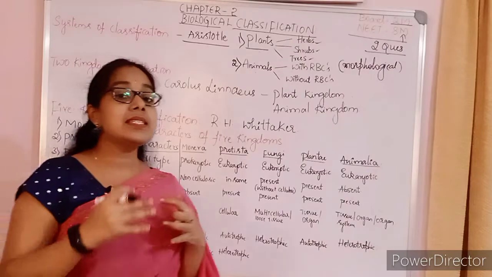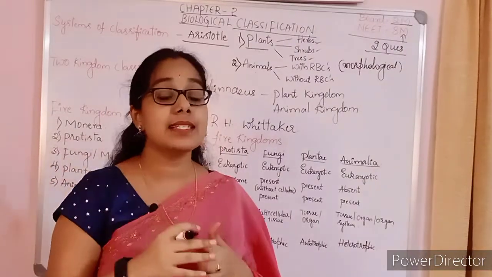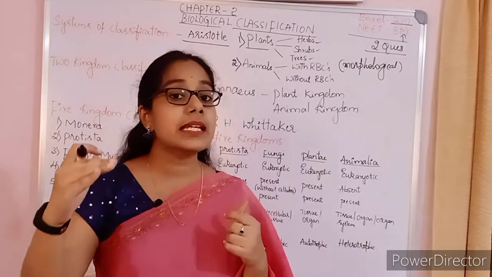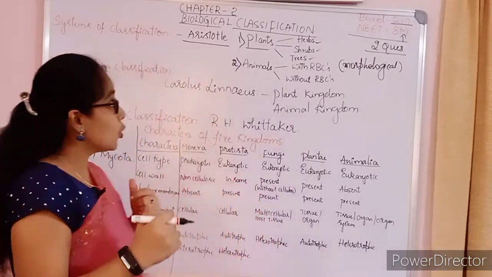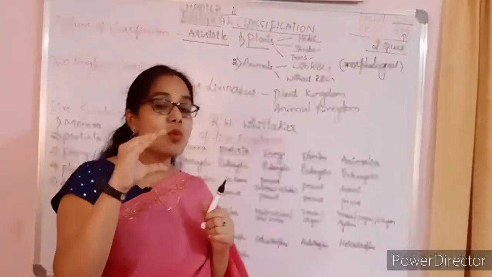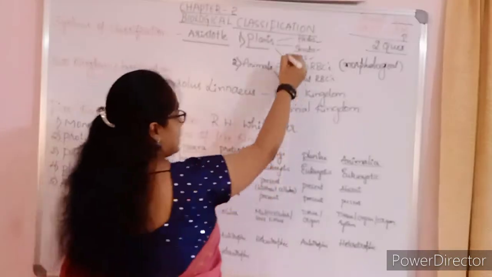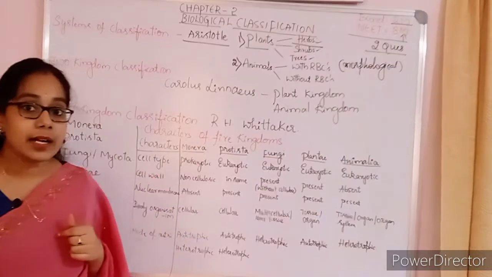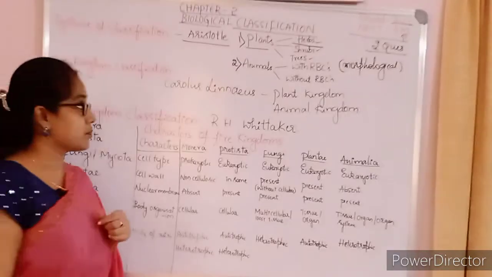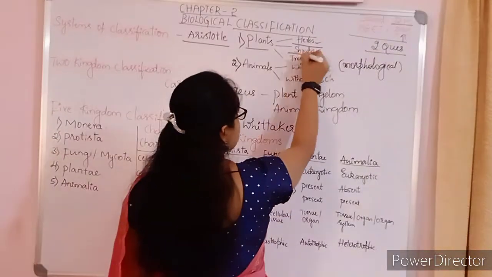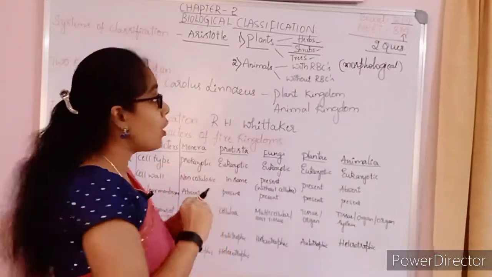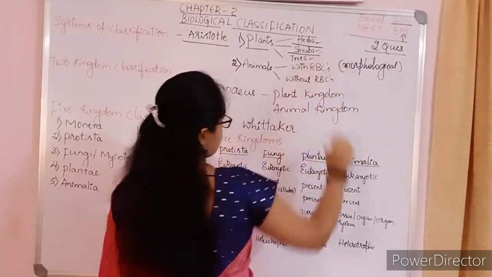So coming to plants, based upon the height of plants, he again classified plants into 3 different categories. Plants which are of smaller height, he placed under a category called herbs, and those which are of medium height were placed under shrubs.